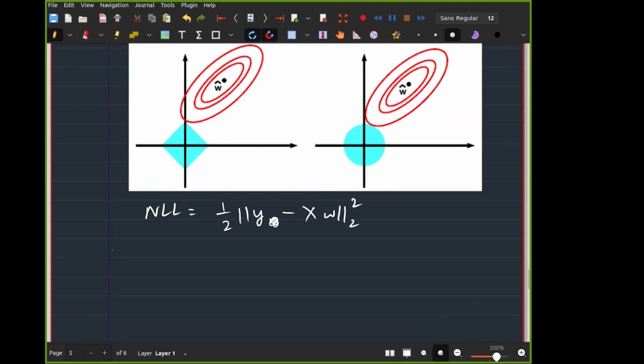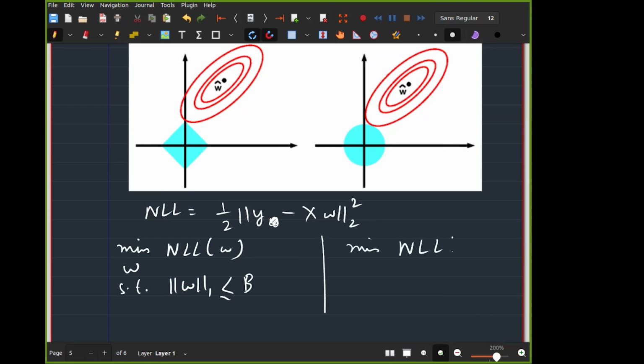And my optimization problem for the first one is I want to minimize NLL(w) with respect to w, subject to the constraint that my L1 norm is less than some upper bound. Similarly, for this problem, I'll minimize the negative log likelihood of w subject to the constraint that the L2 norm is less than or equal to b. Or you can even write the norm squared, everything is fine.